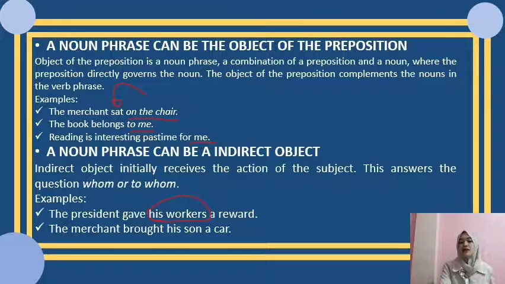It indirectly received the action of the word gave. Another is: the merchant brought his son a car. His son is the noun phrase here, and it functions as the indirect object that indirectly received the verb brought.